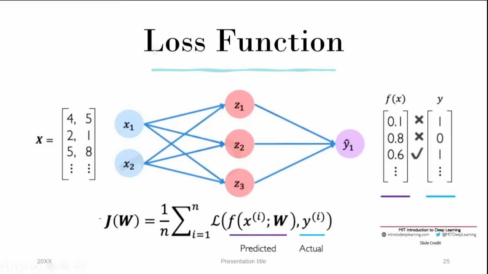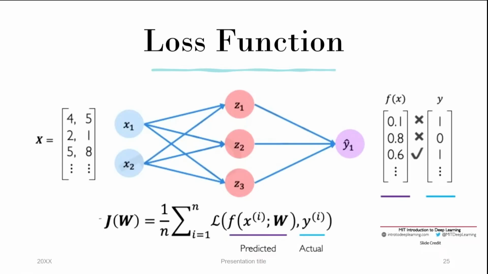Here our input has 2 features, and there may be millions of training samples, with corresponding outputs. If the input features are 4 and 5, the output should be 1. If the features are 2 and 1, the output should be 0. For 5 and 8, the output should be 1.